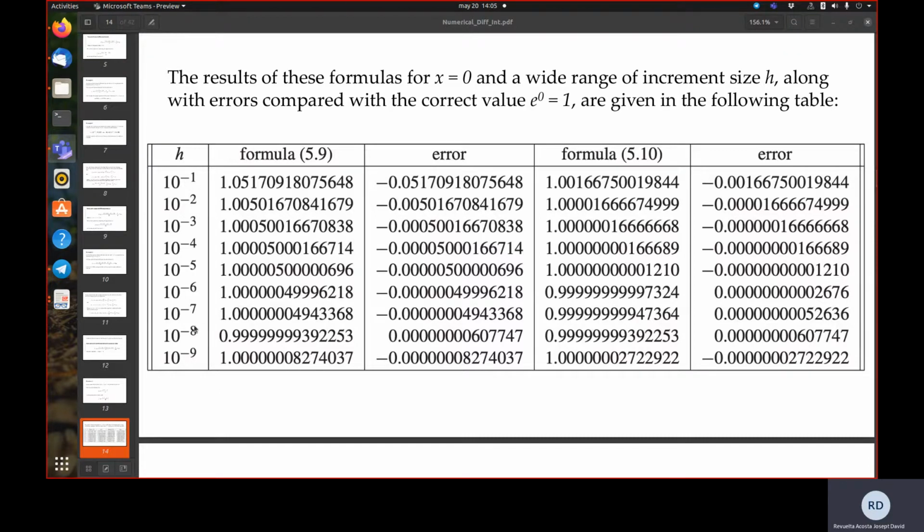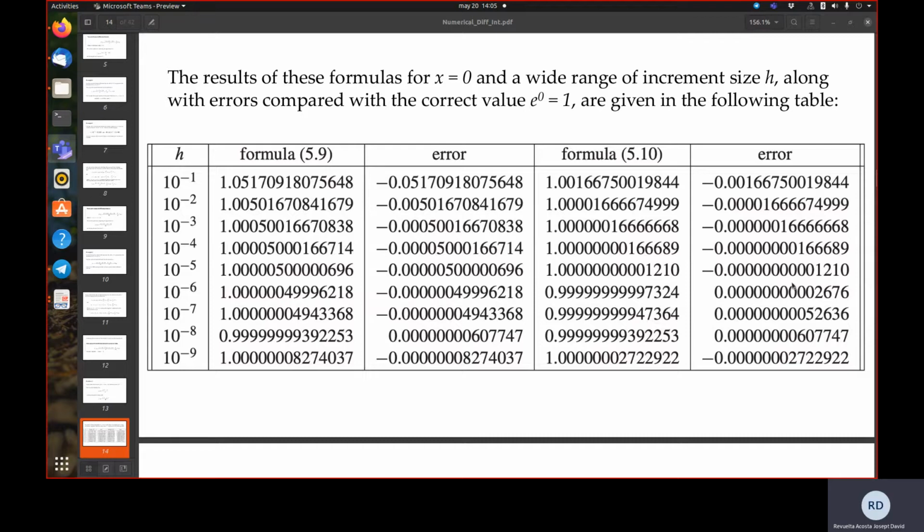We realized that a value of h between 10 to the power minus 4 and 10 to the power minus 6 was the most efficient to obtain a very small error, in this case for both formulas.